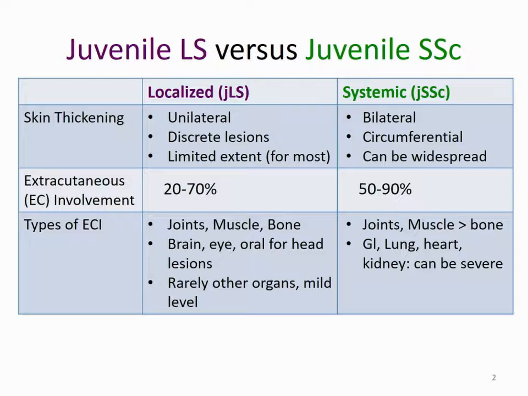For both, we can get joint, muscle, and bone involvement. With the localized form, for lesions on the head especially, we can get involvement of the brain, eye, teeth, or oral cavity. With the systemic form, we get more major internal organ involvement, such as the gut, lung, and heart, and fortunately rarely the kidney in children.